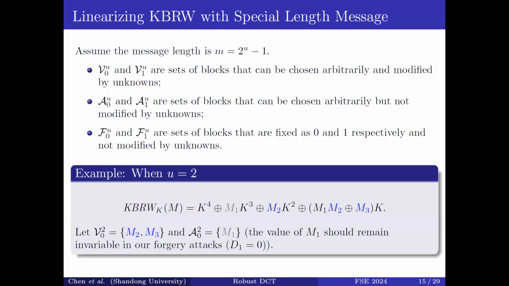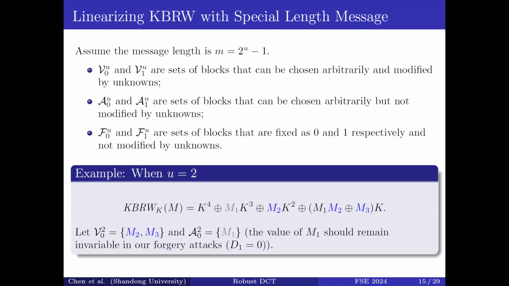So in order to linearize the KBRW polynomial, we divide the input message blocks into 6 disjoint sets according to the subscript of the messages, which specifies how the message blocks should be valued.